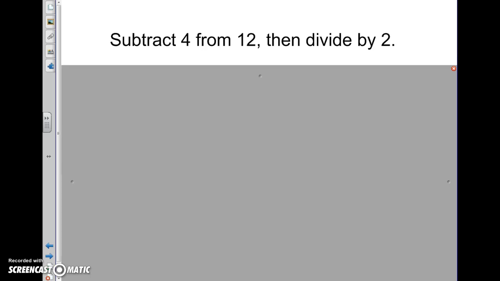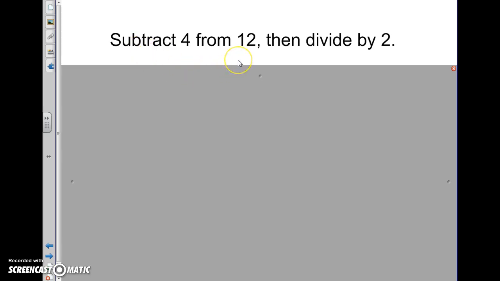Okay, so subtract 4 from 12, then divide by 2. So what step would we do first for this expression? We would subtract 4 from 12, right? Because this division part, it says then do that, so it's after this first step.